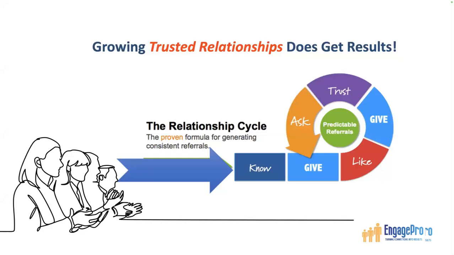And those become, and can become, I should say, lifelong referral partners. That cycle is valid, unbreakable, and only works if you do all the steps. But when it does, it will turn into what I call a proverbial referral machine.